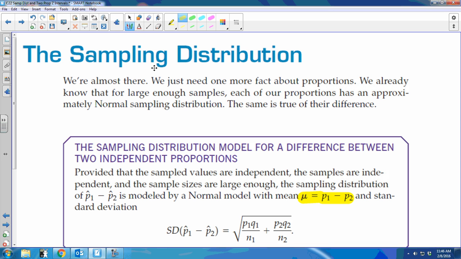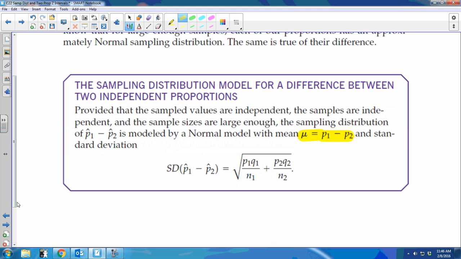Then we had an equation for standard deviation we've been using, the square root of PQ over N, right? So we have a standard deviation equation now for the difference in two proportions. It's on the yellow formula sheet and the AP formula sheet, so no worries. But just to see how much you remember, why is there a plus sign there if we're subtracting the proportions for the mean?